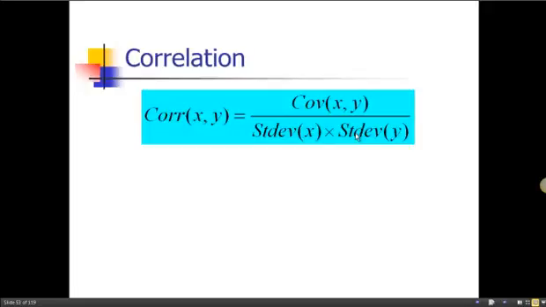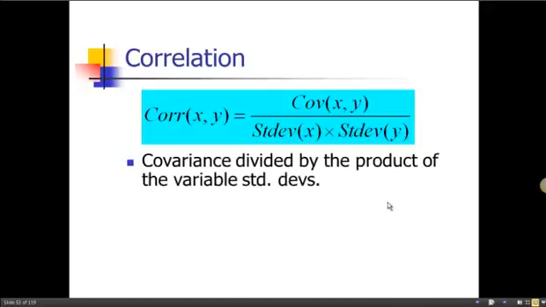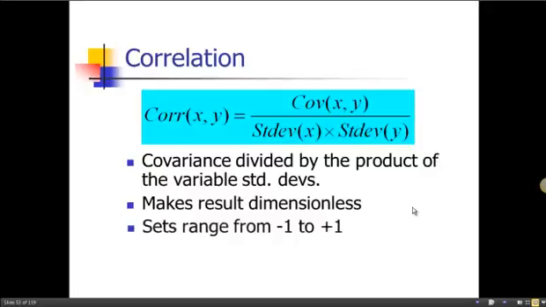So we're really bringing everything down into a scale of a typical deviation for x or y. And it also reduces the units, by the way, because the standard deviation of x is going to have the original units of x, and the standard deviation of y will carry the units of y, so they'll cancel out completely, and as a result, the correlation coefficient has no units, or it's dimensionless, as they say in mathematics.